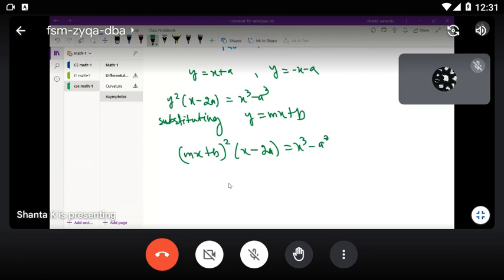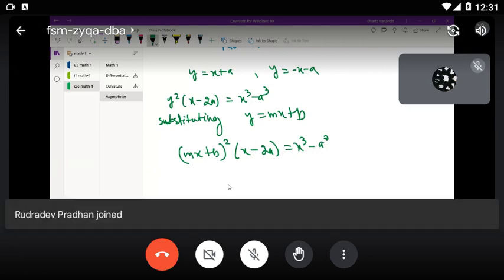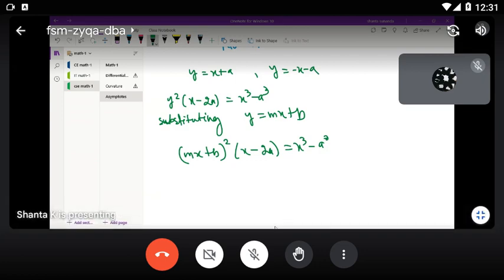Highest degree terms: x cube into m square minus 1, plus 2mx square into b minus 2a.